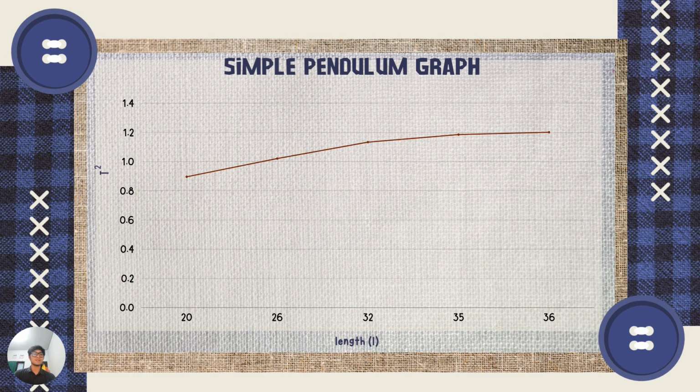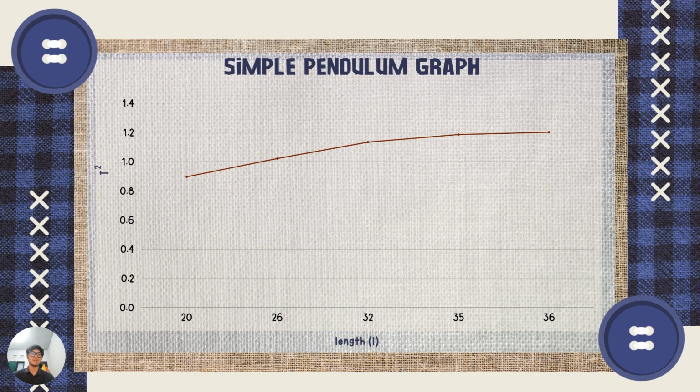This is the simple pendulum graph that I created from the experiments we did. You can see that as the length gets longer, the time it takes for the pendulum to complete its movement, and the period squared, gets higher.